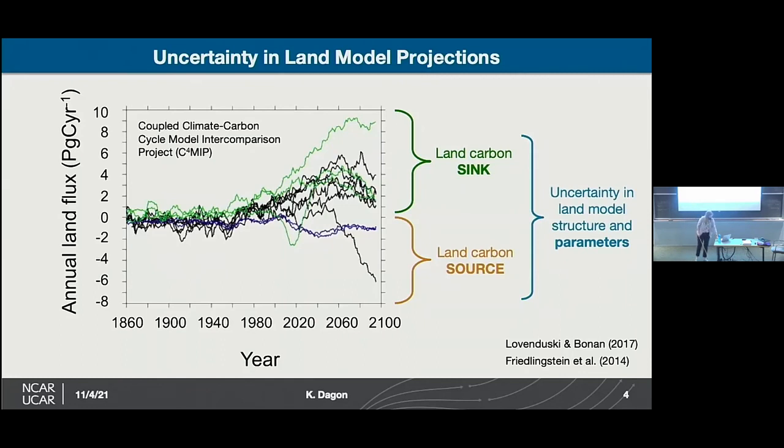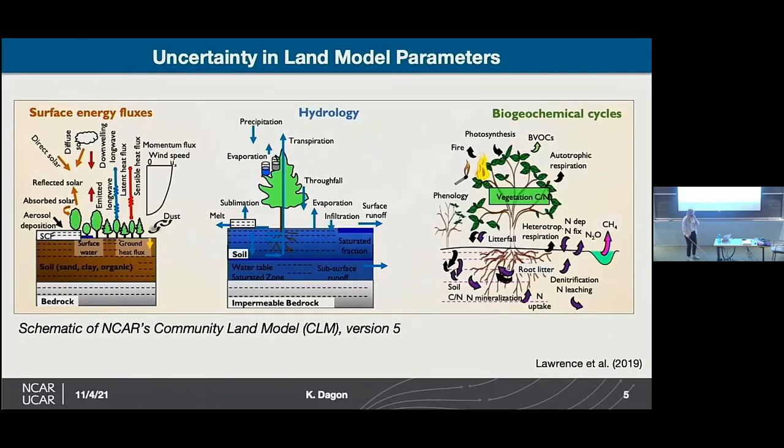And so the reason that we have all this uncertainty is basically that land models are very complicated and they're very heavily parameterized, and there's a lot of subgrid scale heterogeneity that they're trying to represent. So this is just a nice overview figure of the land model that I'll be looking at, which is CLM, which is the land component of NCAR's CESM model.